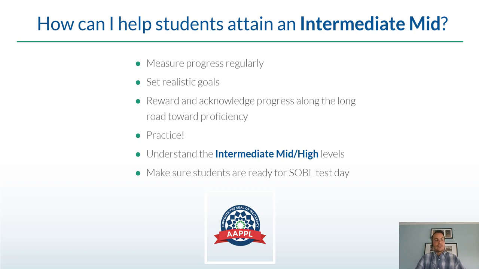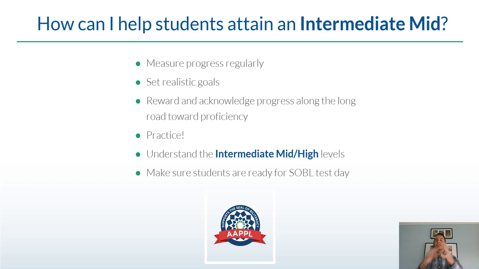It's also interesting to look at this second to last bullet, right? So if my goal is for my students to be at that intermediate mid level, it's important for me to look at what intermediate mid means, but also what intermediate high means.